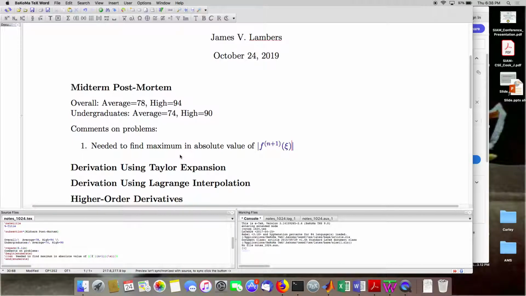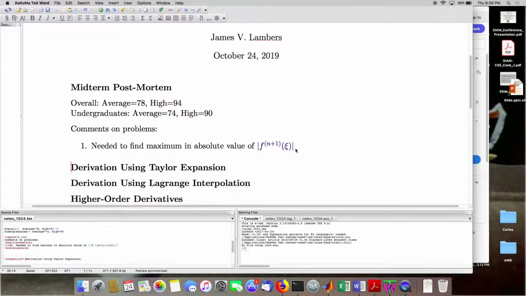In some of the problems, an x value for the error was given, so problems 4 and 5, but that would not apply to this part. The error formula says that the error includes the n plus first derivative of your function at a point you simply do not know. All you know is that this point lies within an interval containing the interpolation points.